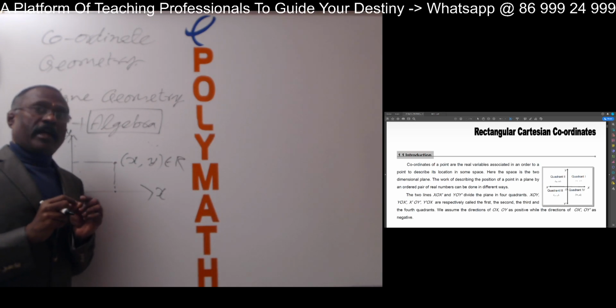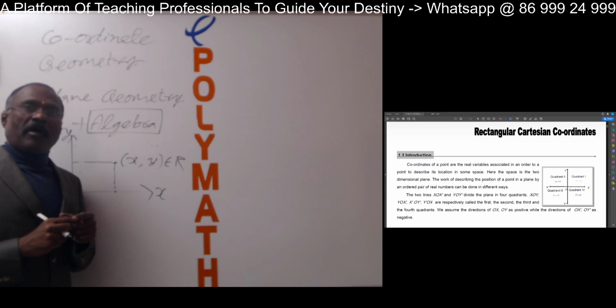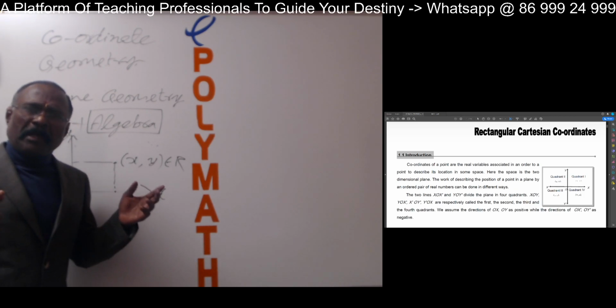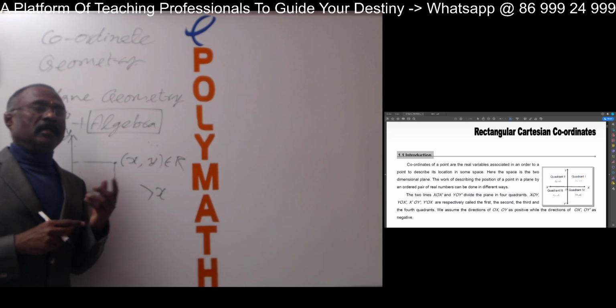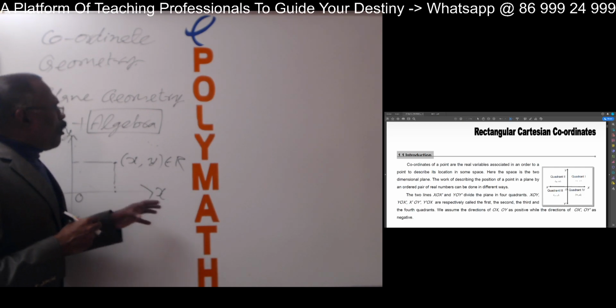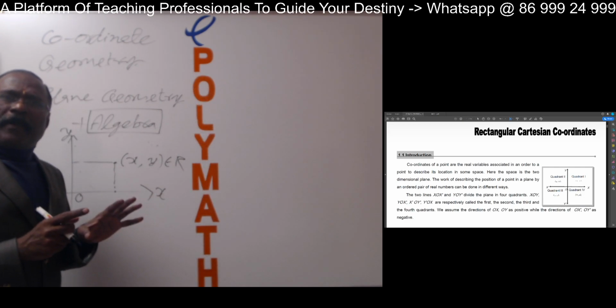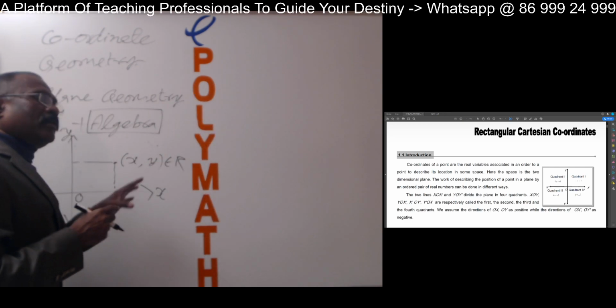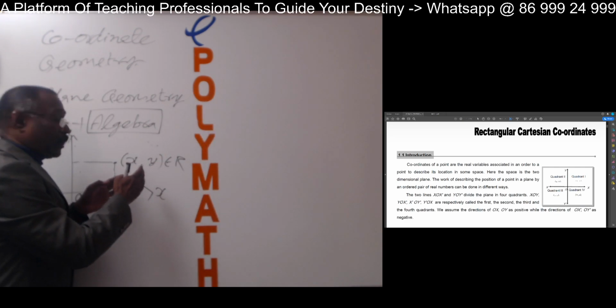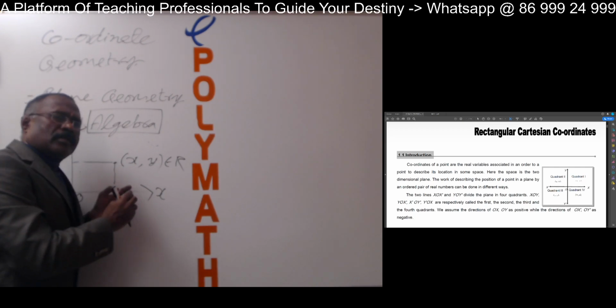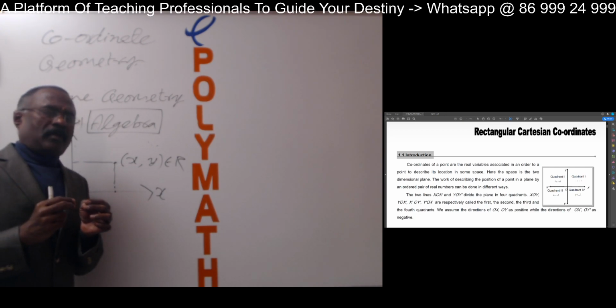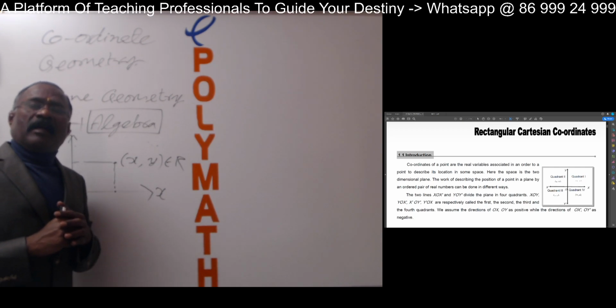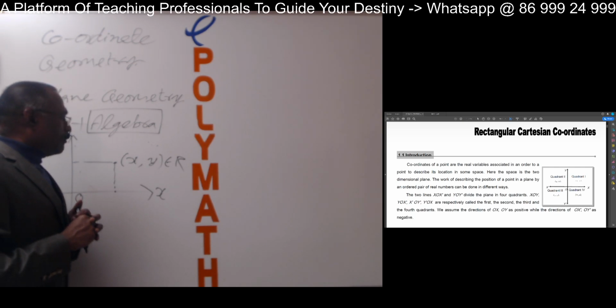So if you vary x, if you vary y, you will get infinitely many points as ordered pairs. So thereby all the points on the plane are given by a simple ordered pair x comma y by the mathematician.